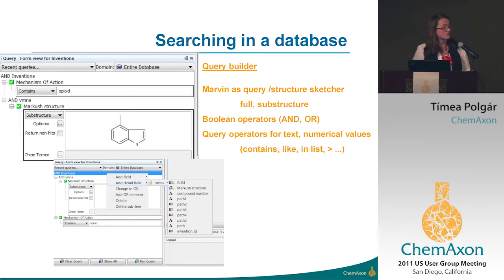You can do a full structure search, substructure search. There are other operators like these, and, or, and other operators for text. Numerical values can also be applied and used with the structure search.